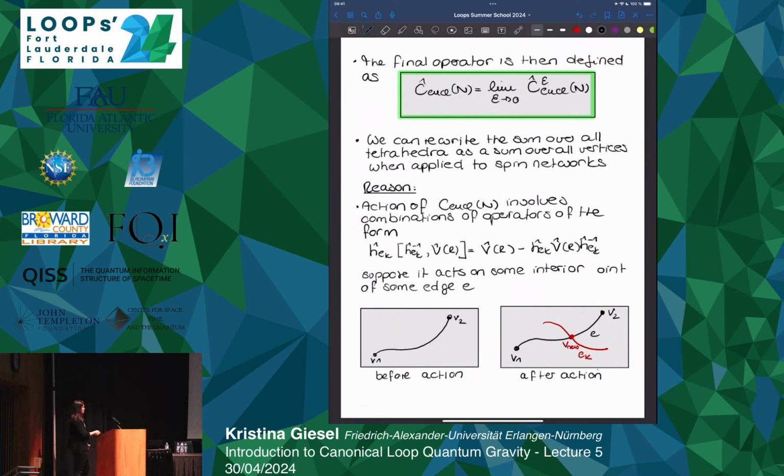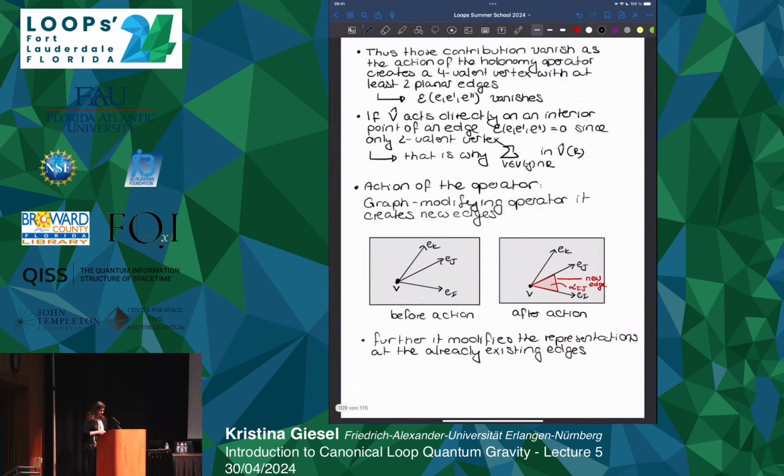So if we now sum over all triples of edges, so let's take first red, black, red. 2 of them are linearly dependent, so the epsilon in the volume operator vanishes. And any other combination I can take, let's say black, black, red, then the 2 blacks are linearly dependent, and therefore I will always run into the situation that the epsilon factor does vanish, and therefore any interior point action will have vanishing contribution.